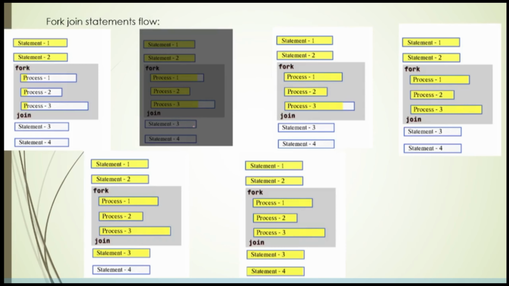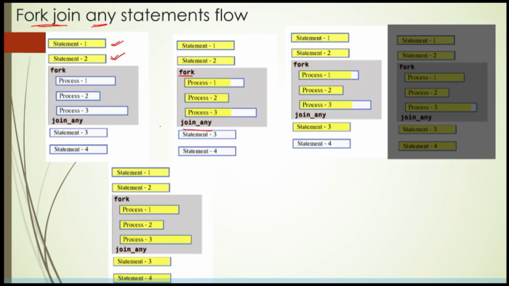Okay, if you see before, it is fork join. Now if you see here, this is fork join any. Within the fork join any, I am writing three processes, and then I am writing statement 3 and statement 4. Now if you enter into the fork join any, all the statements will start to execute based on the time delay that you give for that particular process.